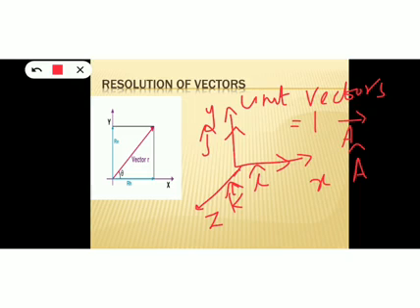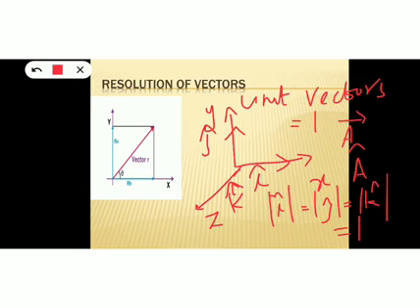Okay, always remember this concept. And what is the magnitude of this i cap, j cap and k cap? The magnitude of i, j and k will be equal to 1.